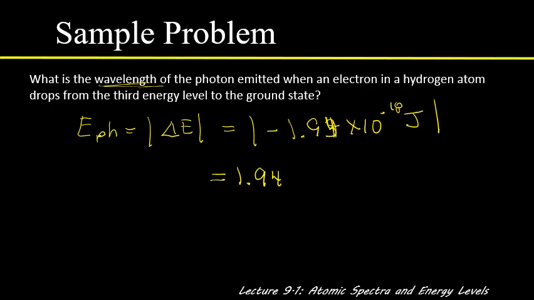I probably didn't need to write all of that. I probably could have just said that. So the energy of the photon is positive 1.94 times 10 to the negative 18 joules. Now we want to get the wavelength. We can't get that directly, but we can get the frequency.